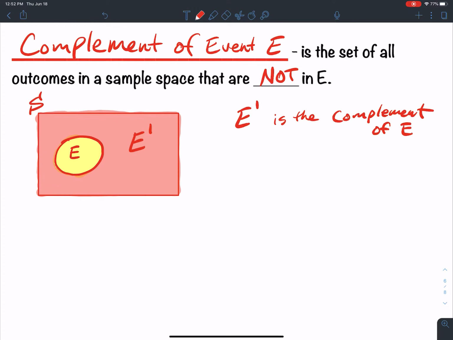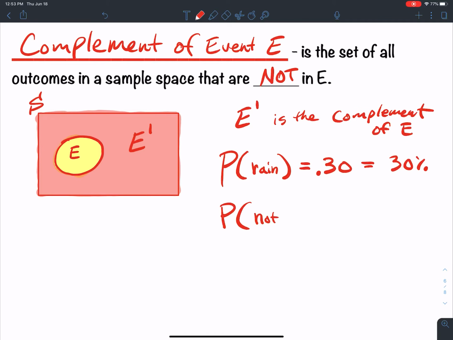Now, the way I like to think about it, if there is a probability of rain, the chance it's gonna rain outside is 30%. So that's 0.3, which is 30%. Then the probability it's not gonna rain is gonna be 0.7, 70% chance.